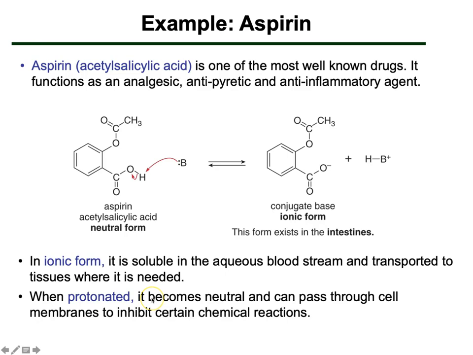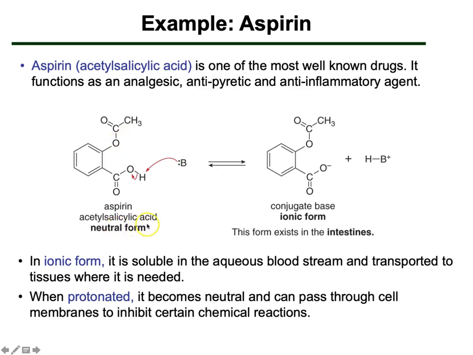Here's another example of how solubility can be really important. In a biological sense, aspirin, or acetylsalicylic acid, is of course an analgesic, a pain reliever, an antipyretic that brings down your fevers, and an anti-inflammatory that reduces the inflammatory response.